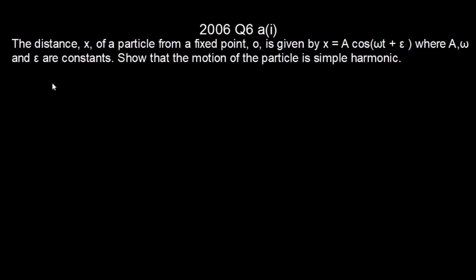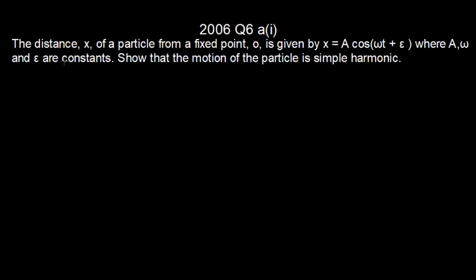On the basis of the two questions that we've just done, you should be able to attempt a lot of the questions that come up on the simple harmonic motion aspect of question 6 in the Leaving Cert applied maths exam. There's just one more thing that they might ask you, which is to prove simple harmonic motion is occurring.